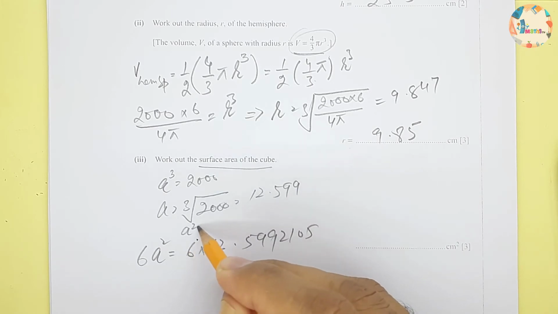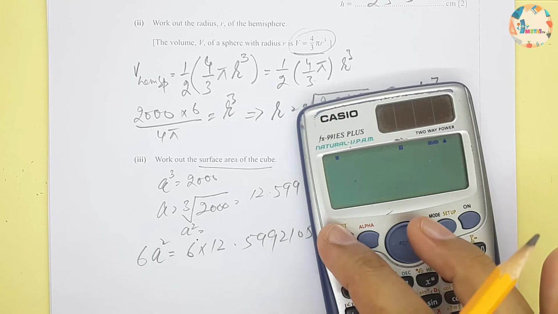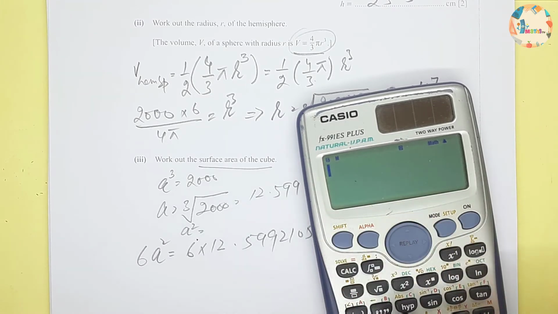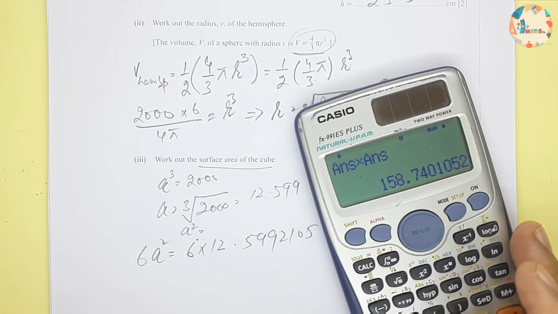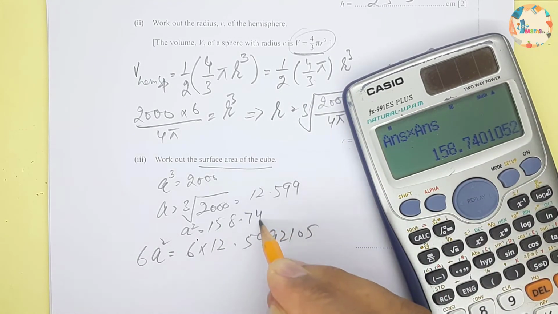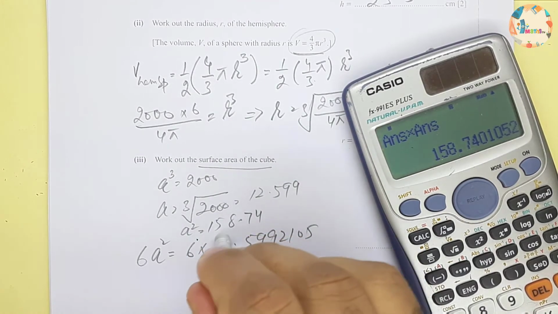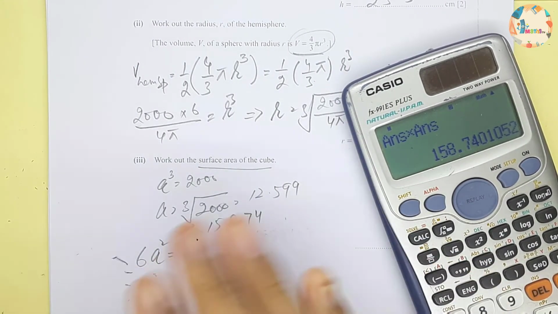So a squared will be equal to, first I will take the cube root of 2000 is equal to this one, and multiply by itself, which gives 158.74, and 6 multiplied by a squared will give us the exact value.